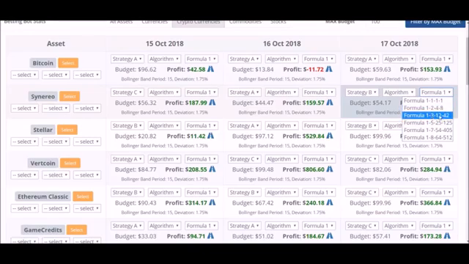And then if that one lost, then the next bet would be effectively 42. So it would be 42 times whatever that first bet was. So in this case it would be $42. So if you're trading with $10, then it would be $10 on the first bet, then $30, then $120, and then $420. So just bear in mind that that's what the formula actually means.